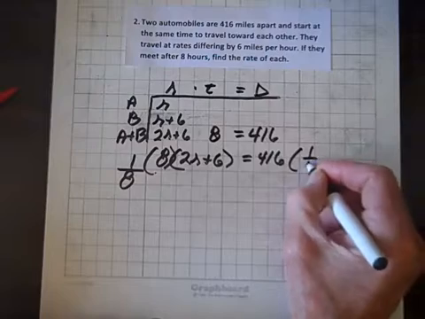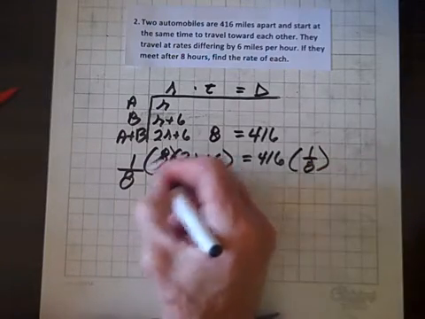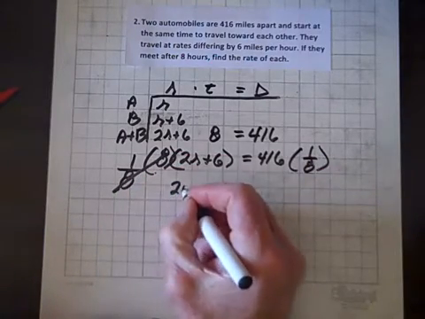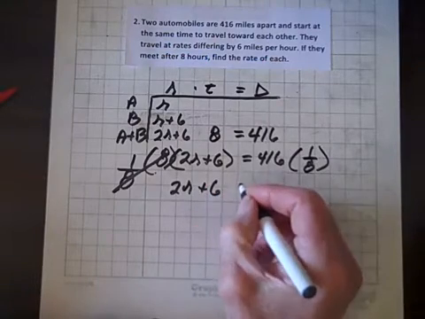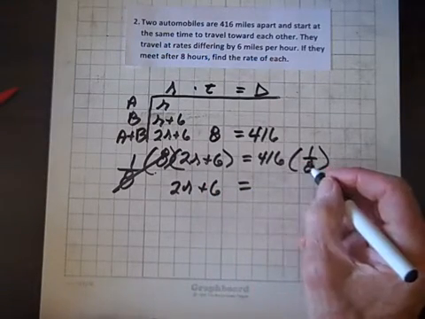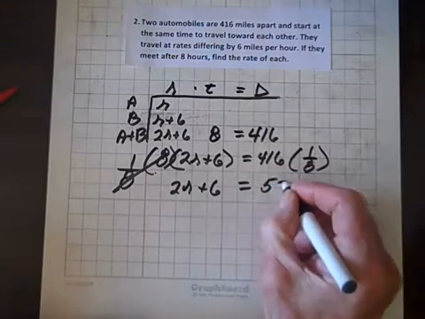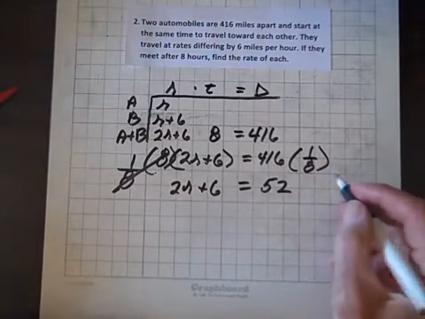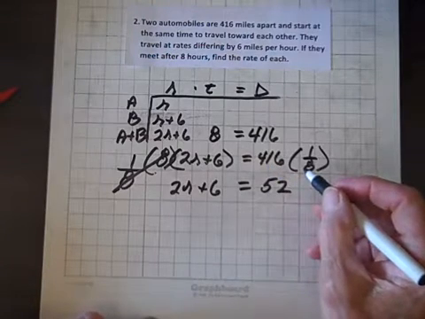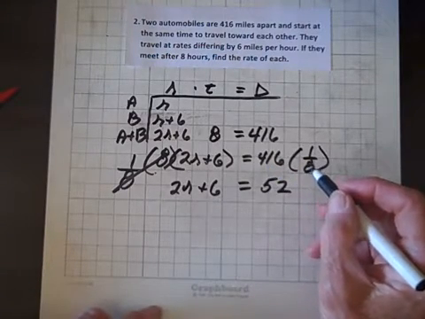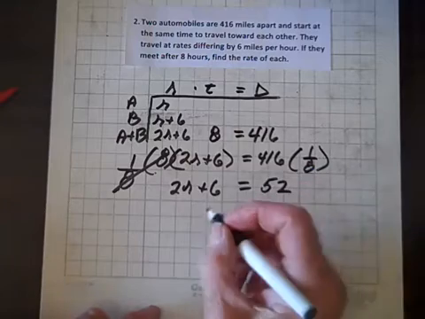And the 8s divide out, and we get 2r plus 6 equals, and 8 into 416 is 52. 8 goes into 41 5 times, 1 left over. 8 goes into 16 twice.